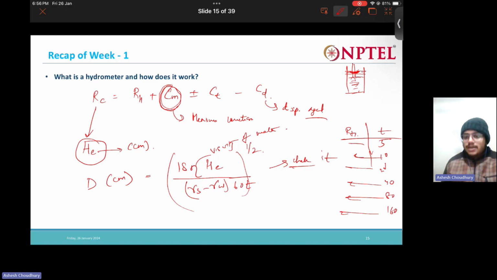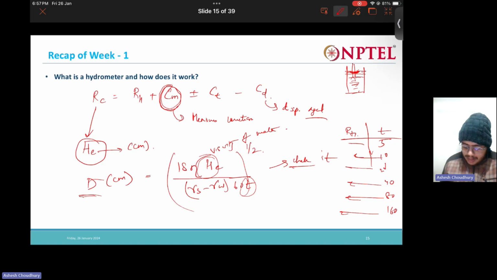Like this, we keep on taking the reading of RH at certain intervals of time. Then we can correlate this time with this HE, which is related to RH, to the diameter of the particle size.